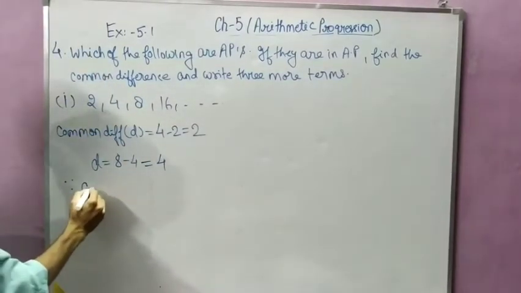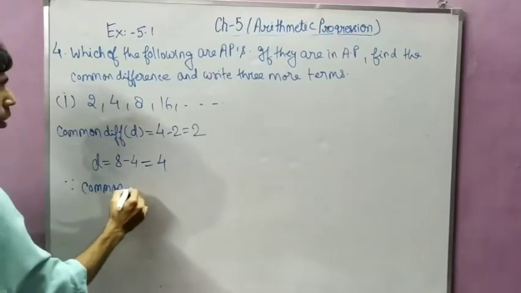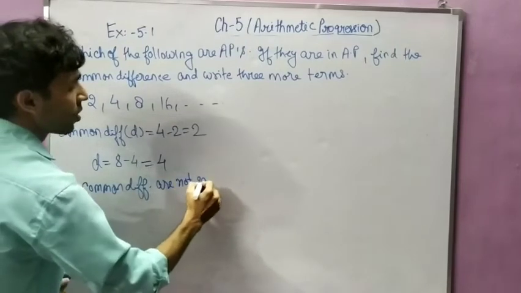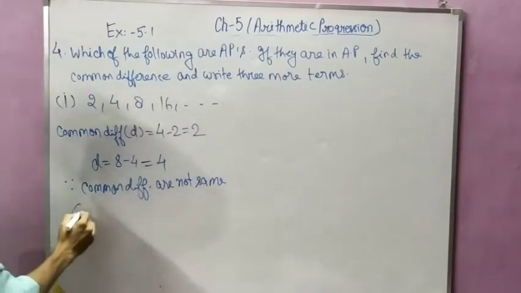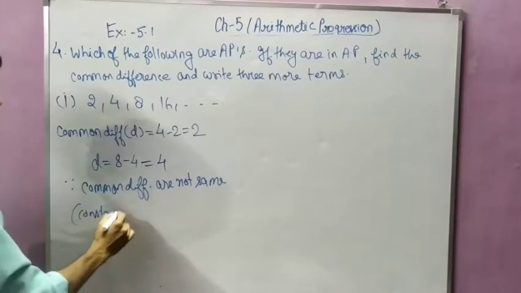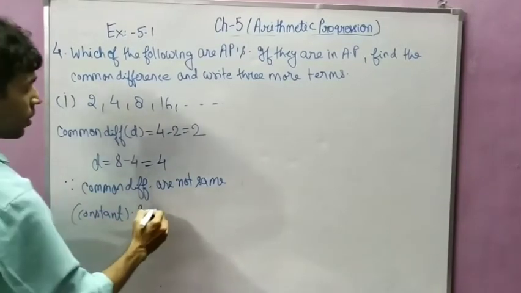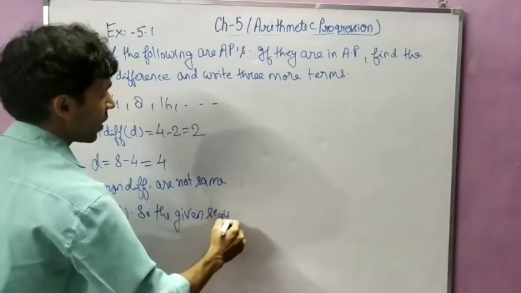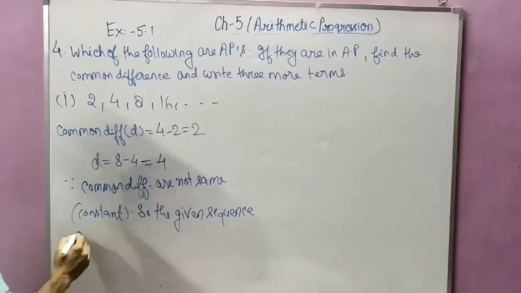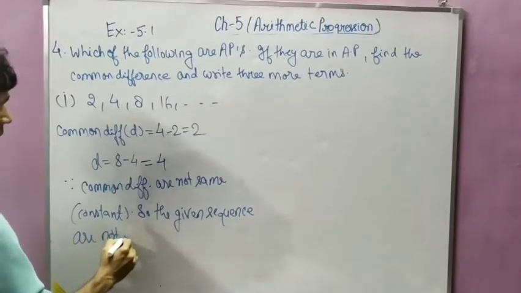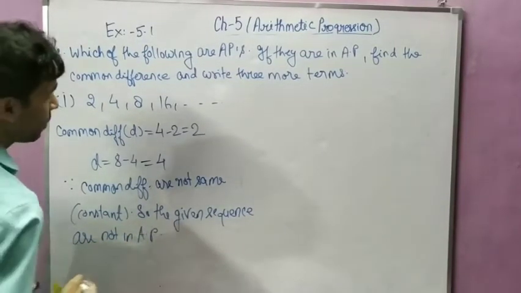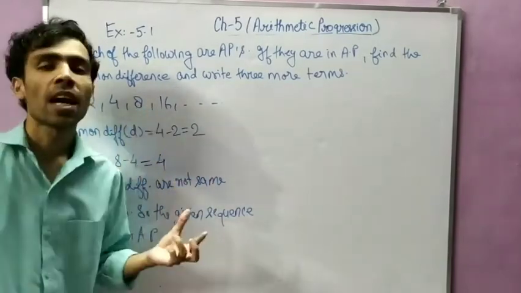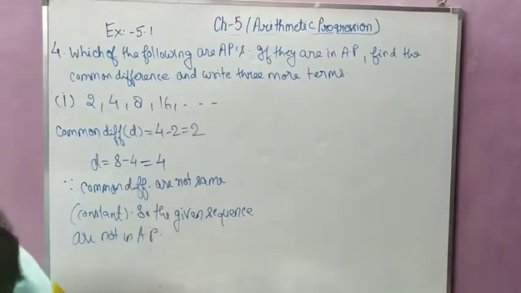Because the common difference is not the same or constant, the given sequence is not in AP. So this is the solution of the first part.